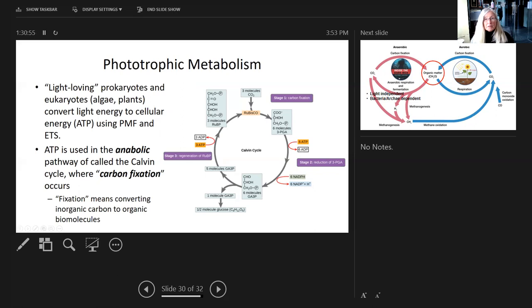So that is where the ATP comes from, and then realize that this is an anabolic pathway, the Calvin cycle. So this is the catabolic side. On the anabolic side is this Calvin cycle, which is another recycling process, which recycles organic compounds, and it ultimately results in the production of organic carbon from inorganic carbon.